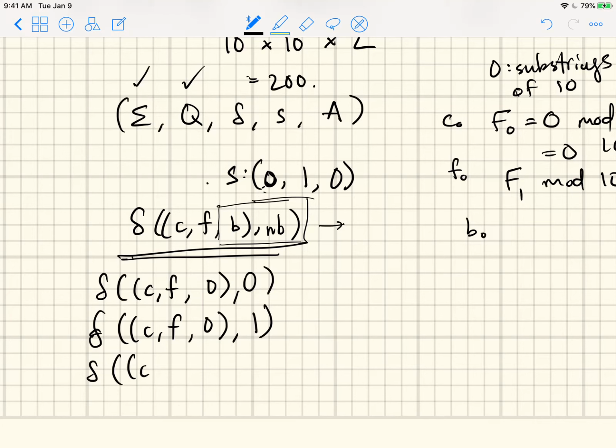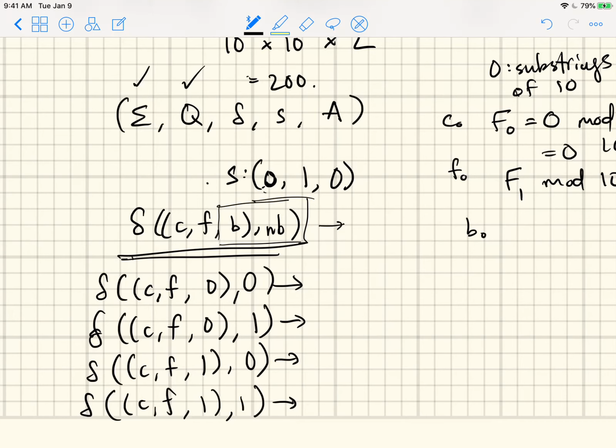Delta of CF, I've just seen a 1 and I now see a 0. And then CF, I've just seen a 1 and I've now seen another 1, okay? And we just have to define those. Now, the only really interesting case is when I've seen a 1, then see a 0.